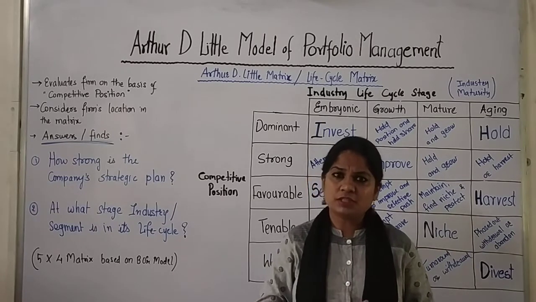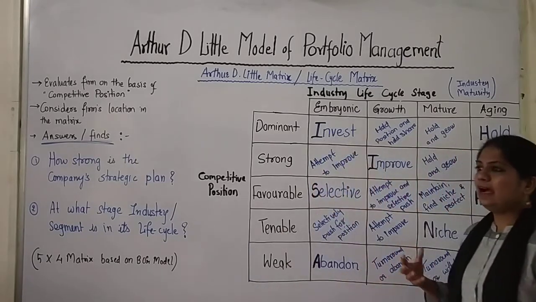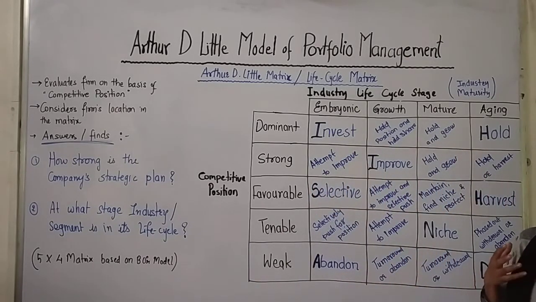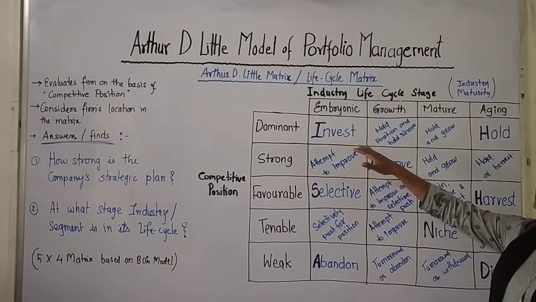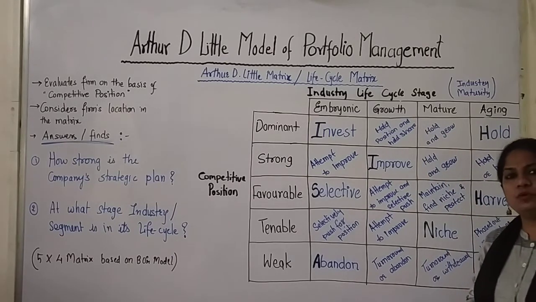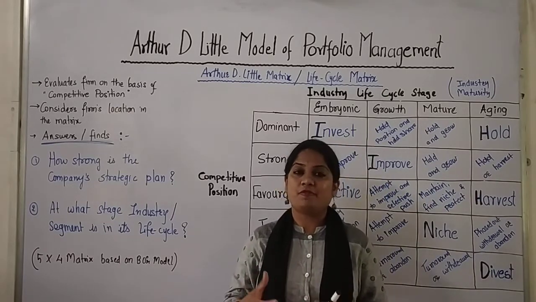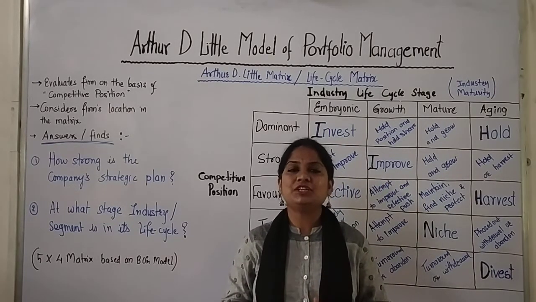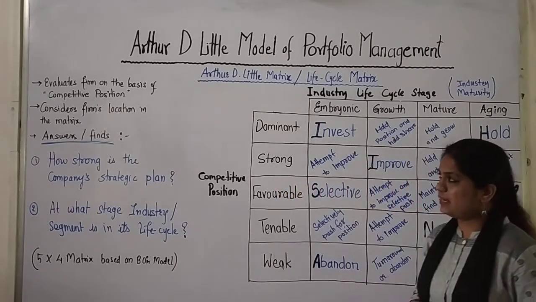There is high technology, and there is also the potential for higher sales. So this is the embryonic stage. Second is the growth stage, where everybody is growing, new competitors have come in, companies start making profits here, and market share increases, sales increase for the organization.